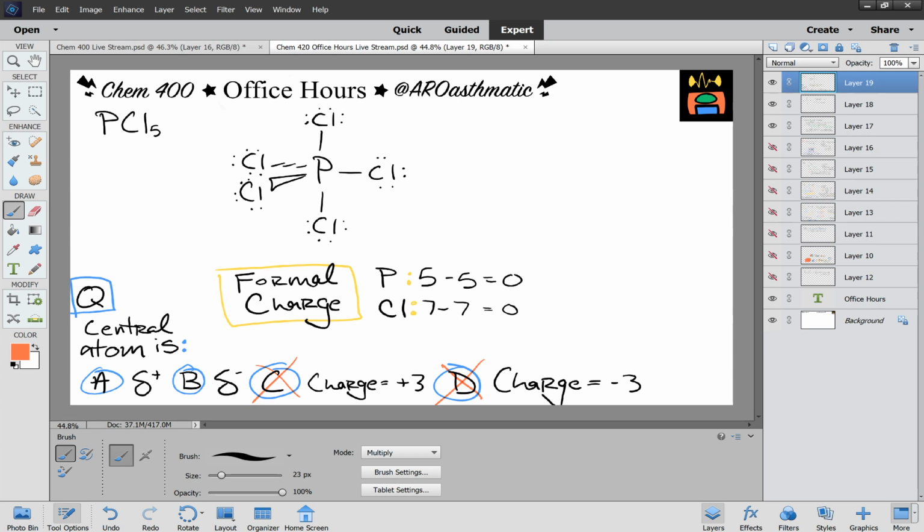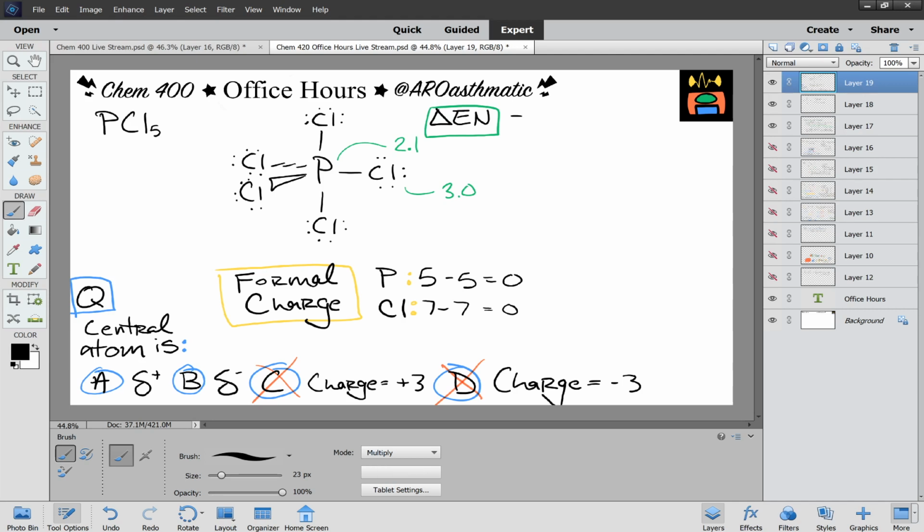Now, chlorine, so for the difference in electronegativity, that's what we need to look at. Chlorine has an electronegativity of 3.0, and phosphorus has an electronegativity of 2.1. It's actually the same as hydrogen.